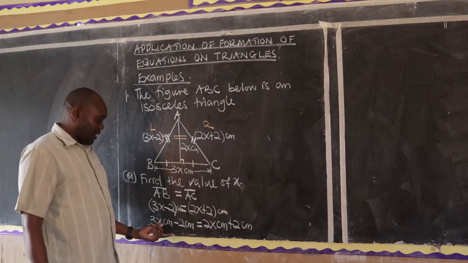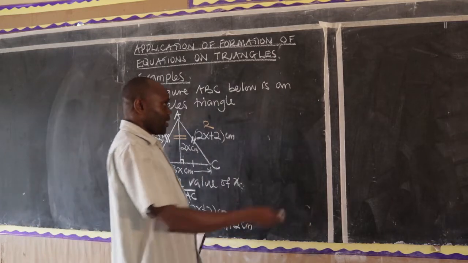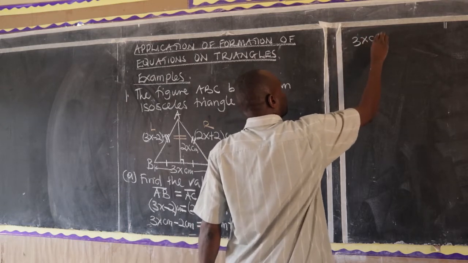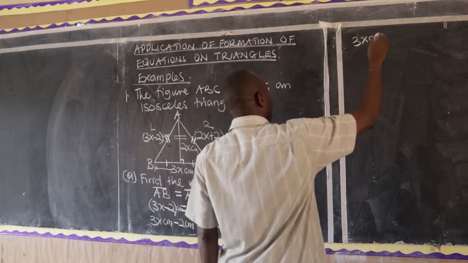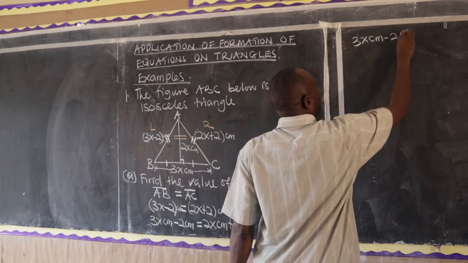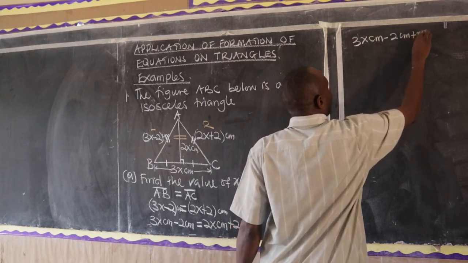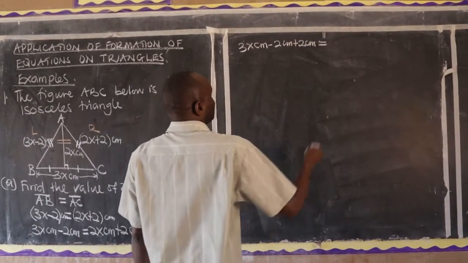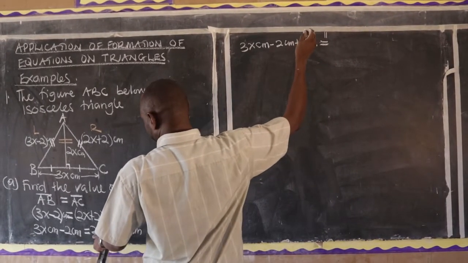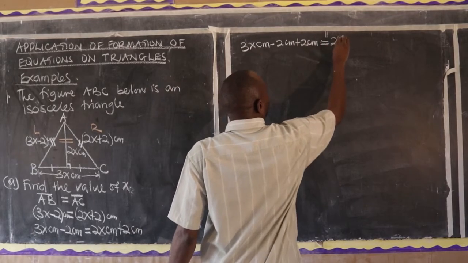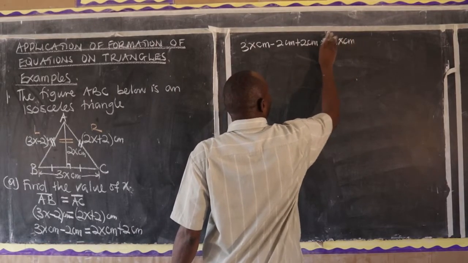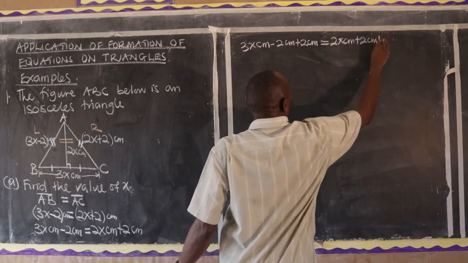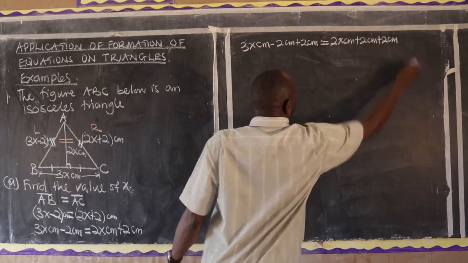Therefore, we can begin from here and say that 3x centimeters minus 2 centimeters plus 2 centimeters, which will give us 2x centimeters plus 2 centimeters plus 2 centimeters.